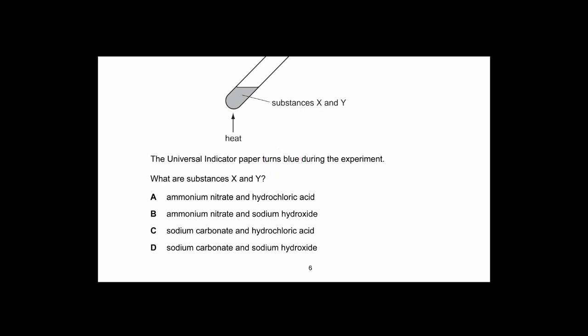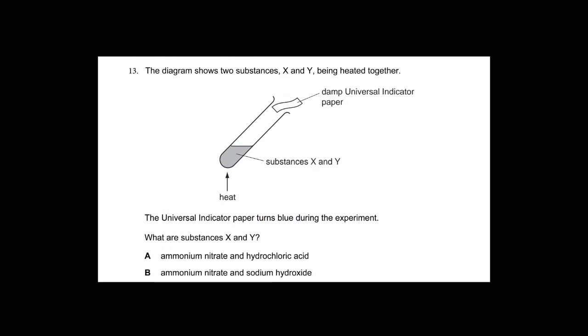Now, we understand from this setup on the test tube that the substance which is going to change the color on the indicator here should be a gaseous substance, because a solid substance cannot move from this level to that level.